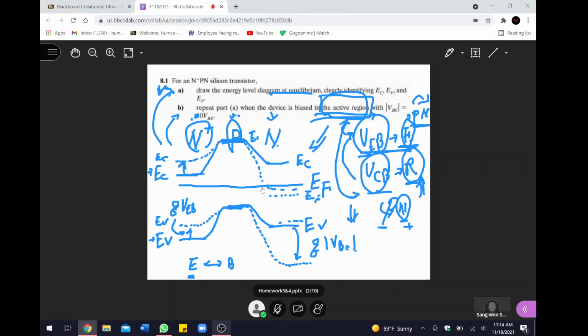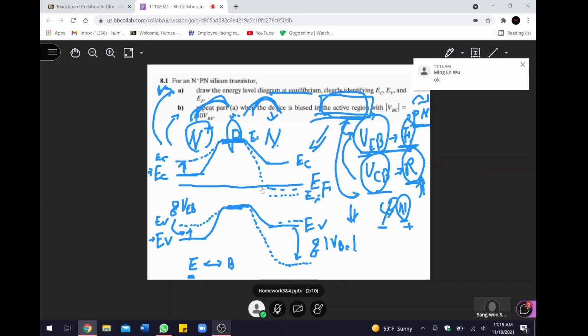Because I need to draw the emitter and the base, and later the base and the collector. If you decide to draw, let's say, the emitter not shifting, then you have to draw everything or change it. So either way is fine. Does that answer your question?